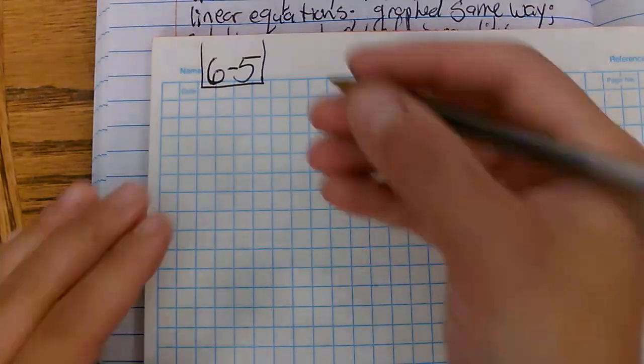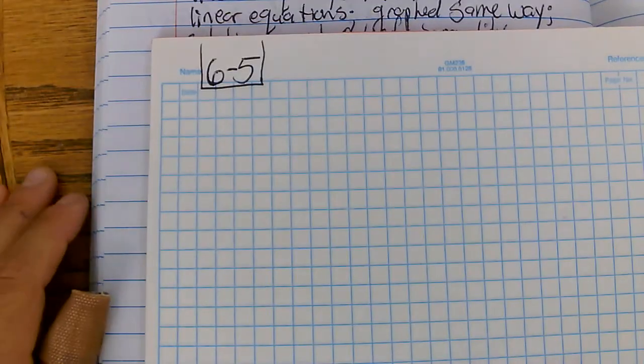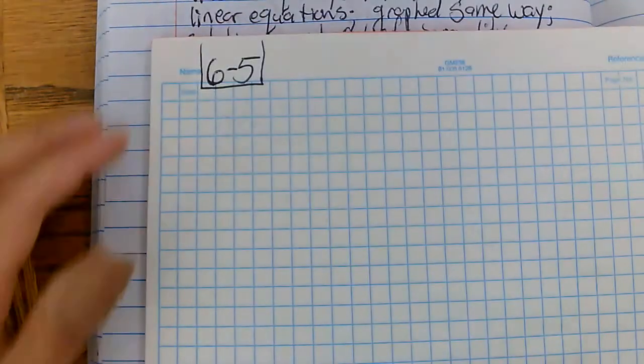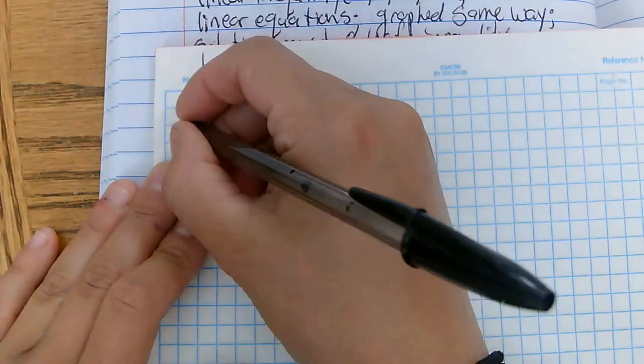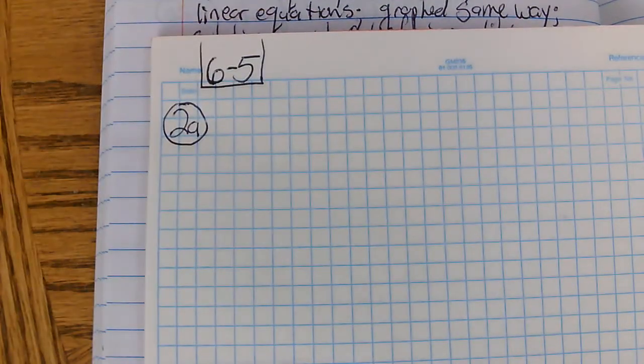All right. There we go. And I already marked it as 6-5, because that's the section we're on. And this is 2A. And I'm just going to circle it. Okay.